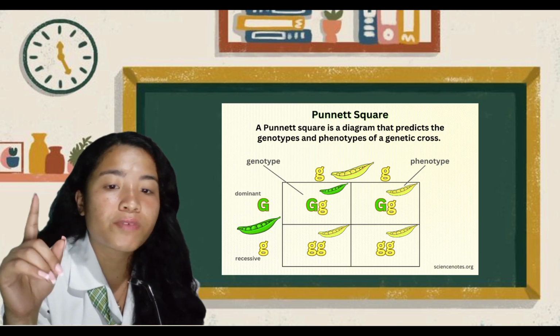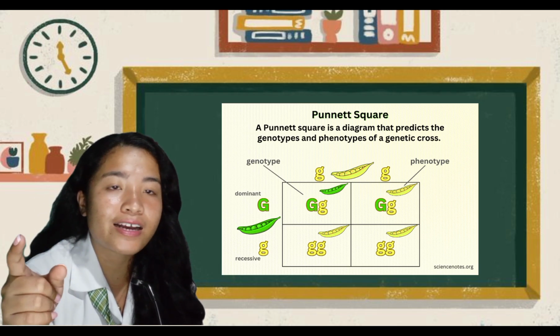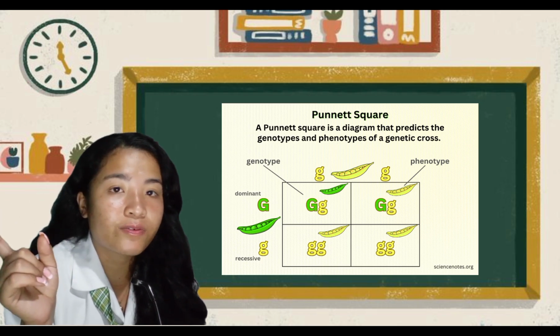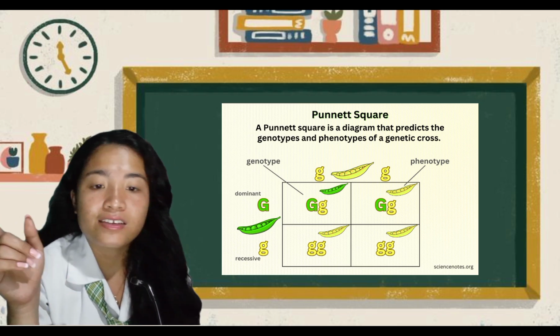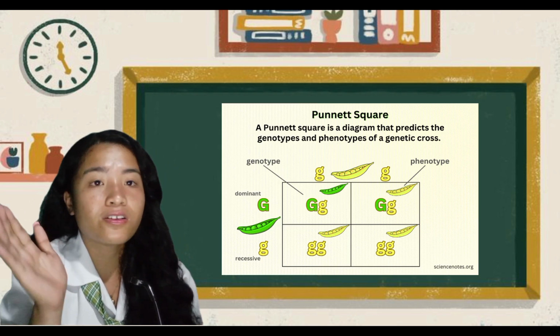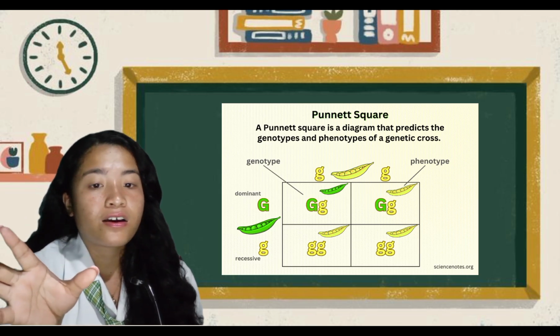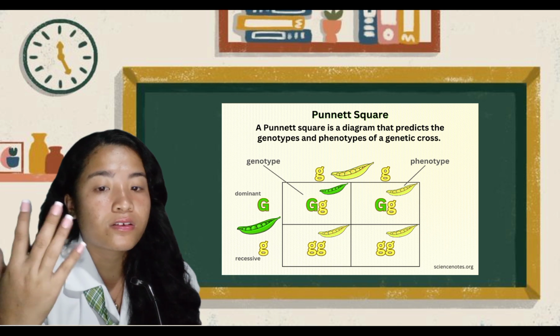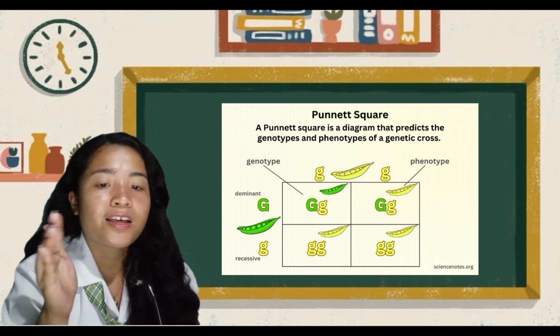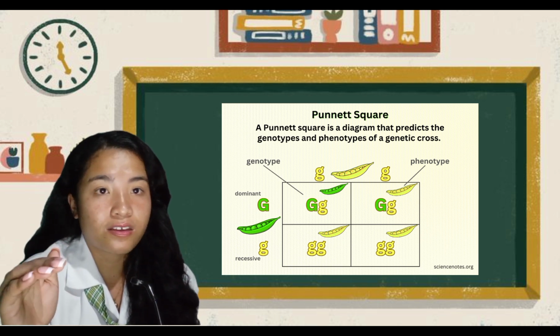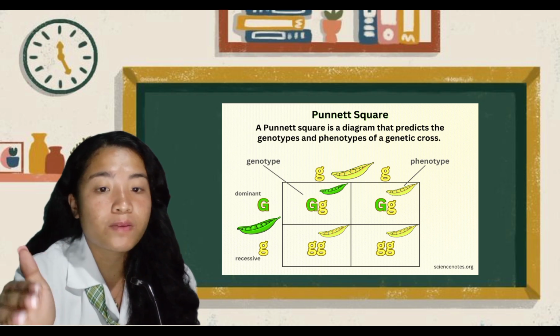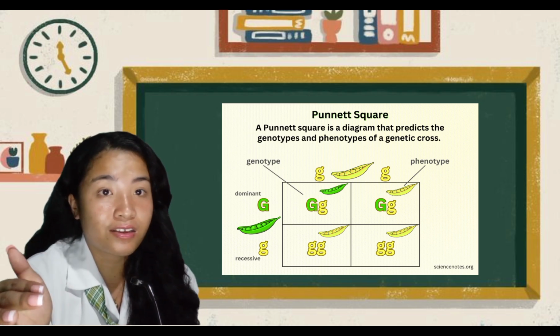Now, because the father has big letter G, which represents dominant, and he also has small letter g, which means recessive, that could be the father's side. Okay, then the mother's side has all recessives, so the result would be 50% dominant and 50% recessive.